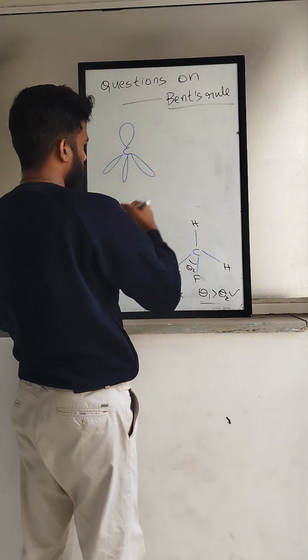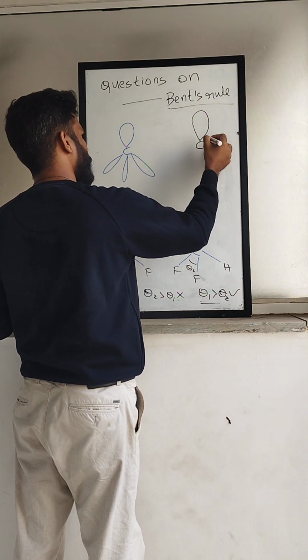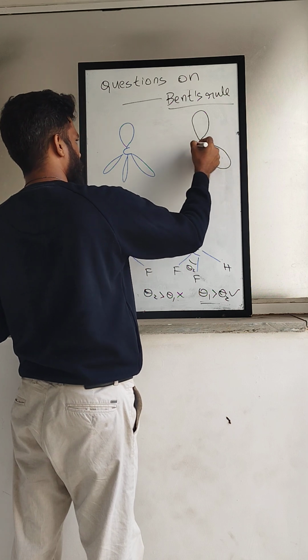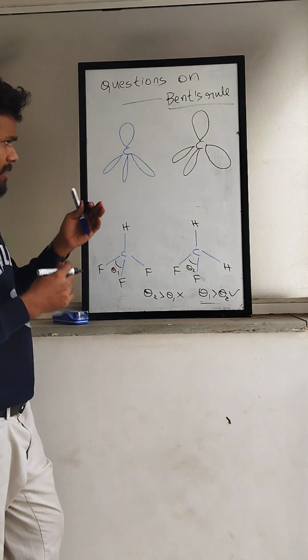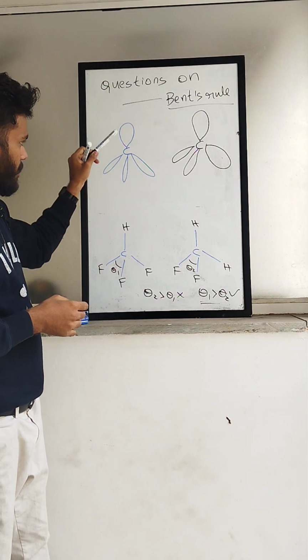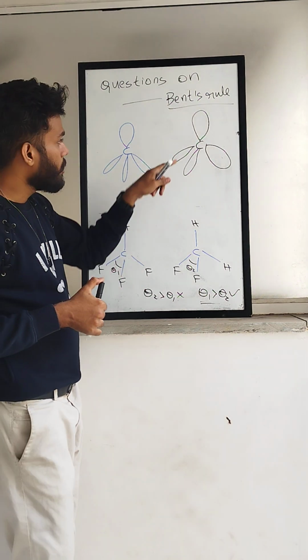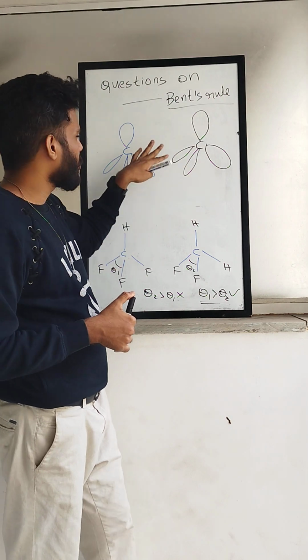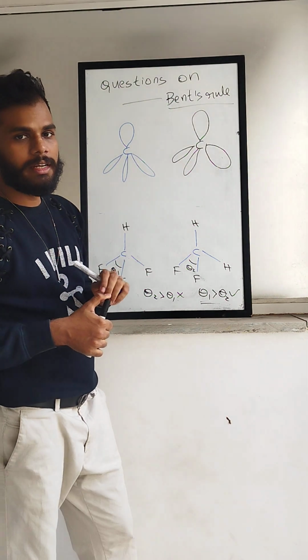Now if you come to this one, this will be bulky, this will also be bulky, but these two are slender. So you have one bulky orbital and three slender orbitals here, and here you have two bulky orbitals and two slender orbitals.